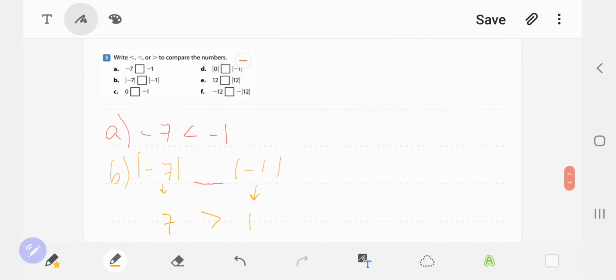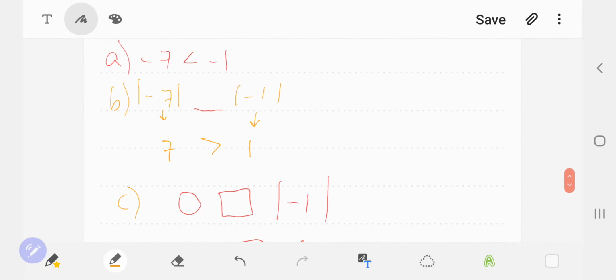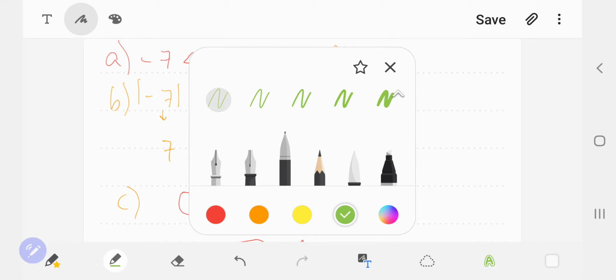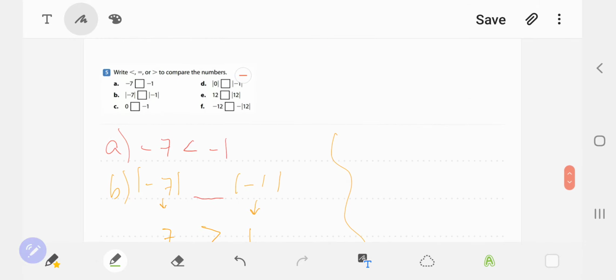Now, all right. So for letter D, I'll use green maybe. Okay, so for letter D, we have the absolute value of 0. We're comparing that to the absolute value of -1. So that's 0, +1. 0 again is less than 1.